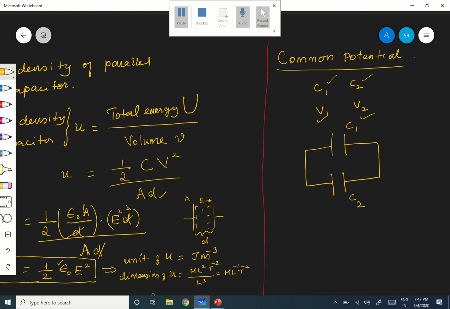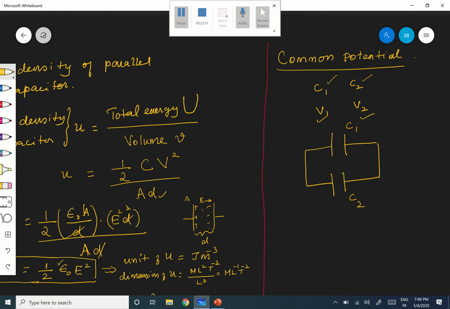Are you following? Before connecting, they had different potentials. After connecting, charge is shared. Sharing of charge is taking place. Charge flows from the capacitor at higher potential to the capacitor at lower potential. This happens till both their potentials become equal.